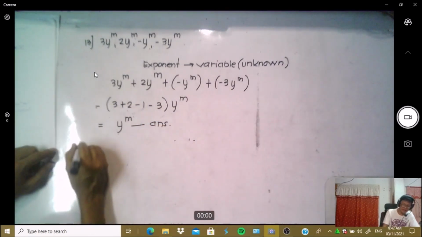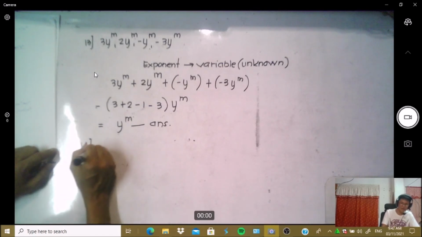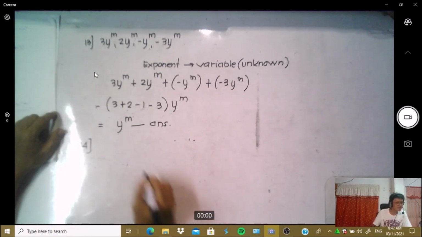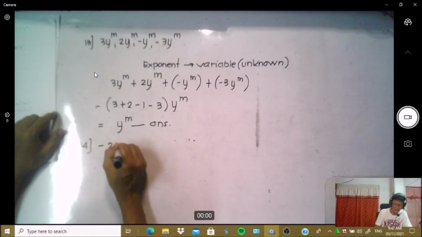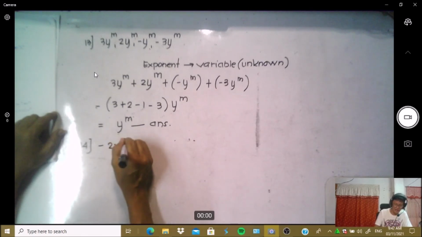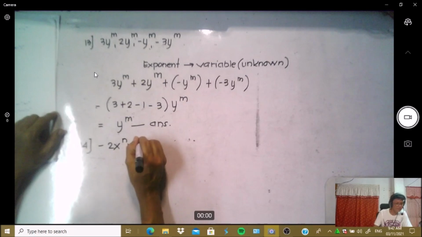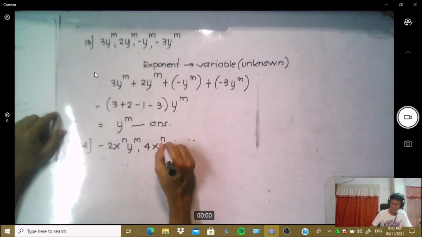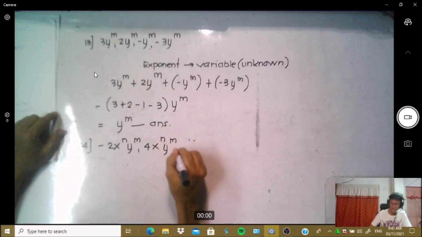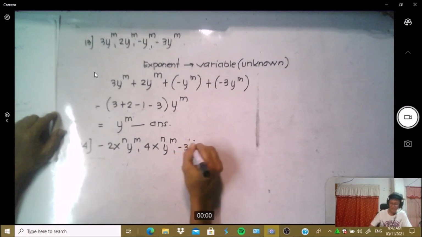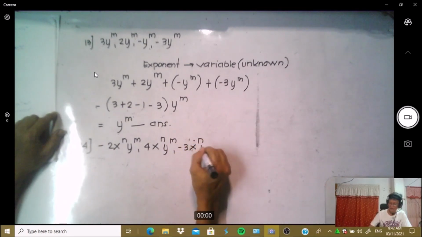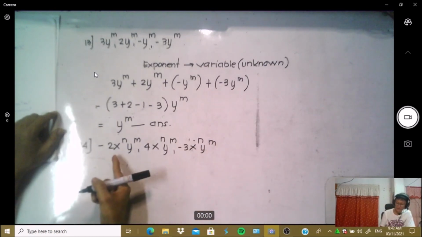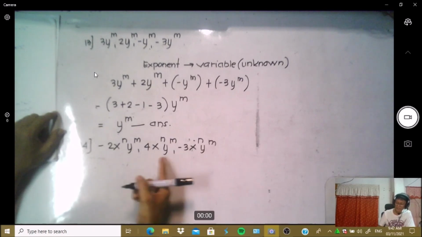Let's proceed to number 14. For number 14, we have negative 2x raised to n, y raised to m. Then we have 4x raised to n, y raised to m. Then negative 3x raised to n, y raised to m. So this is very simple because all our terms involve the same variables and exponents.